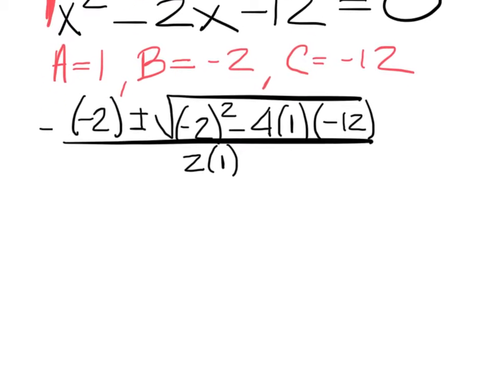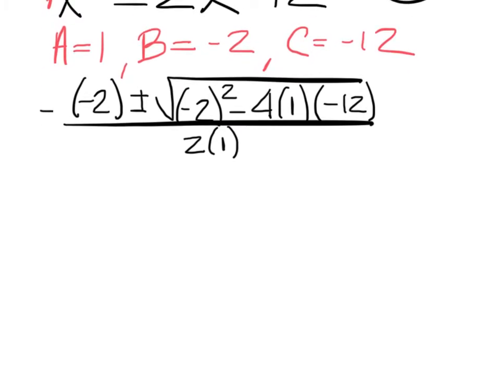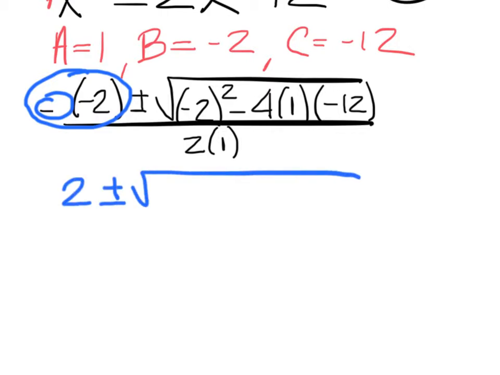We need to simplify it now, so we're going to have a double negative out here. Remember, that was negative b in the formula. But we already have a negative sign with that b, and the number was negative 2, so that's why we have a double negative, which is a positive 2 now. The quantity squared of negative 2 is 4, and then we have minus a negative.